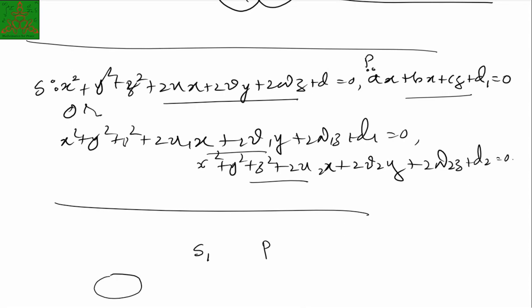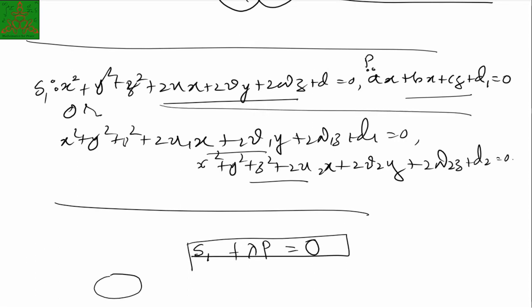And if you want to find another sphere which passes through this circle, then it can be represented as S1 plus lambda P equal to 0. So this is the equation of the sphere passing through this circle.